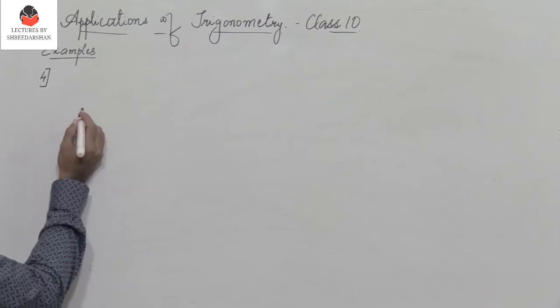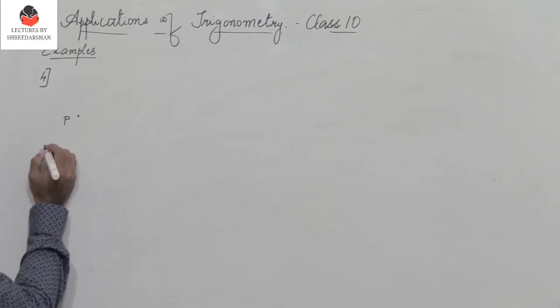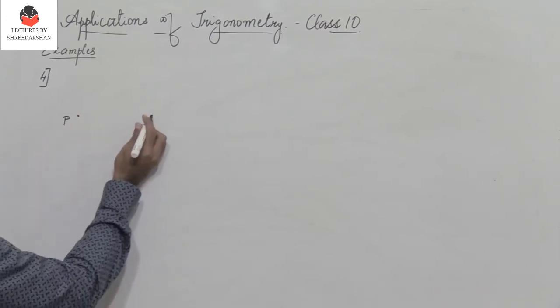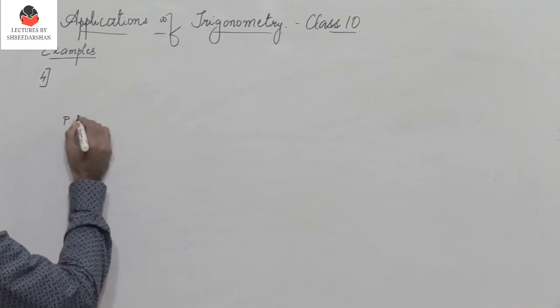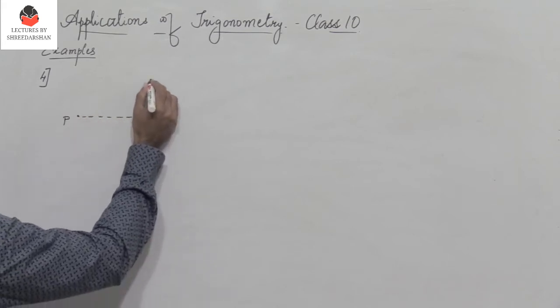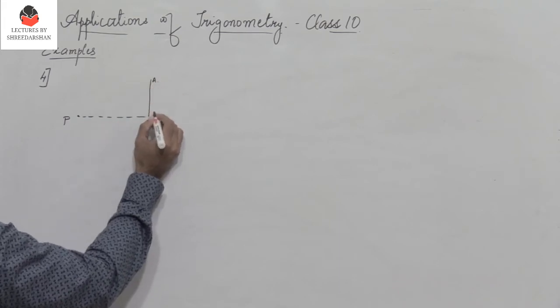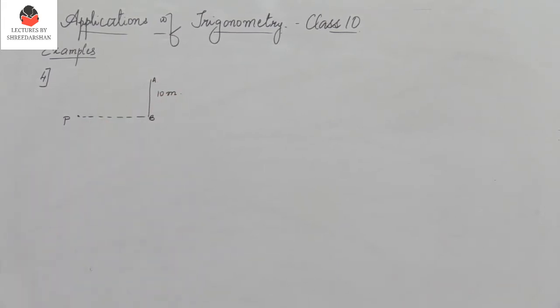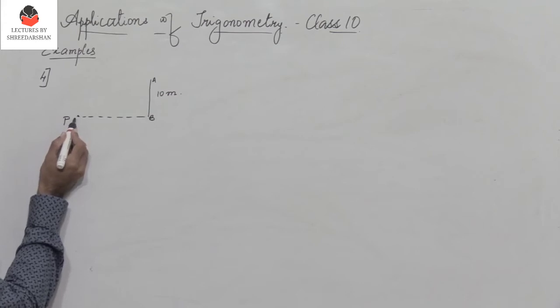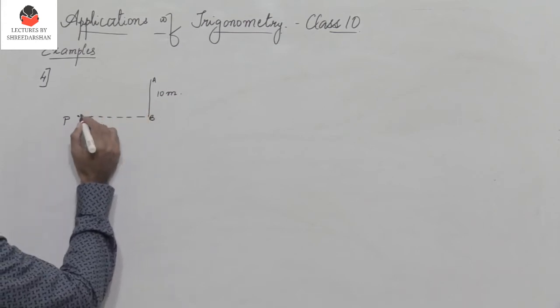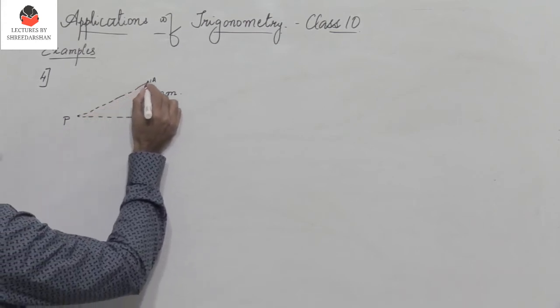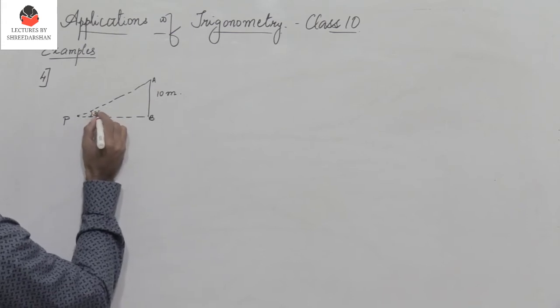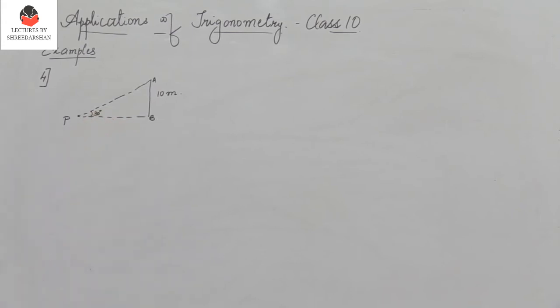Example 4. From a point P, and here is a building which is of length 10 meters. So this is AB, of length 10 meters. On the ground, the elevation of the top of the 10-meter building is 30 degrees. So from the ground point P, if I look at the top of the building, the angle is 30 degrees.